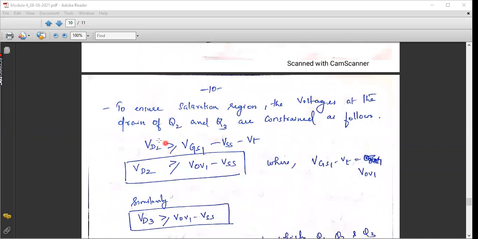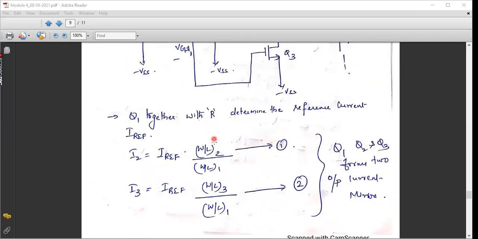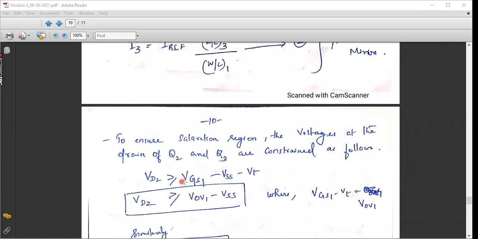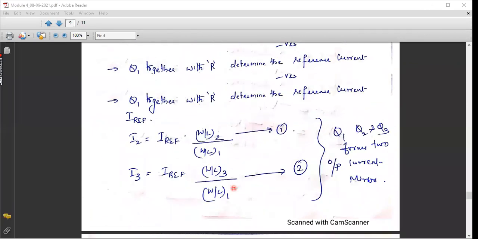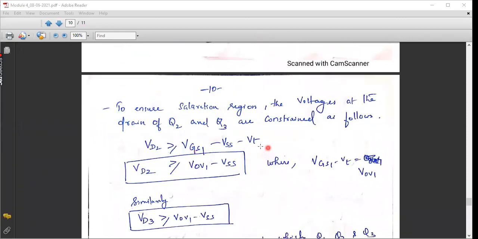And what is the condition of saturation? The condition of saturation is that VD2, the output voltage of Q2, should be greater than or equal to VGS minus VT. But here I have introduced one more term, minus VSS, because you can see from the circuit diagram that the source is connected to a negative power supply called minus VSS. If I had connected this source to ground, then I could write the saturation condition as VGS minus VT.